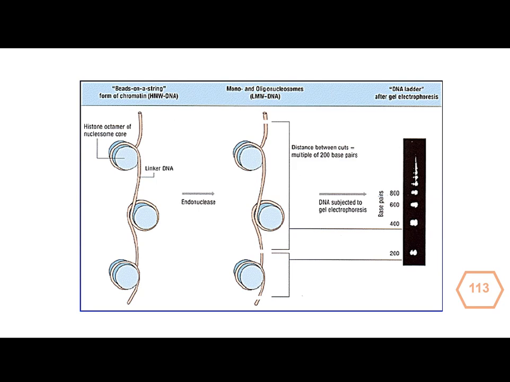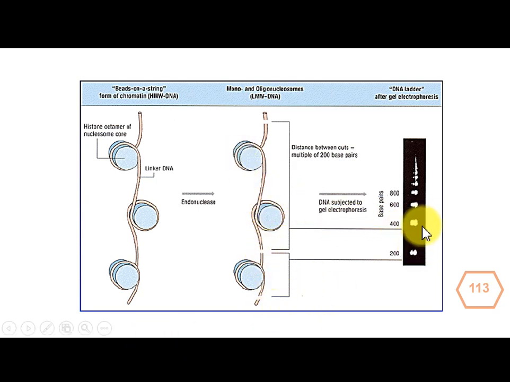So normally, your DNA wraps around the histone complex, about 180 base pairs, and the linker is about 20 base pairs on average. Okay? So if the endonuclease gets activated and randomly cuts all this DNA, you'll find all of it gets digested into 200 base pair fragments.